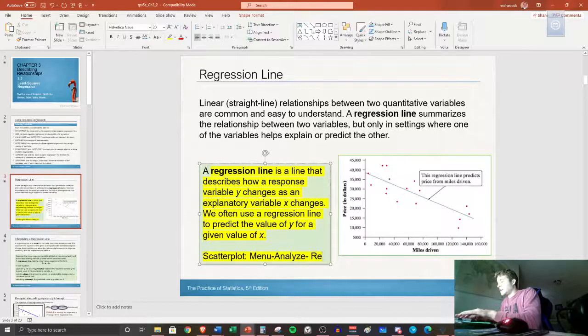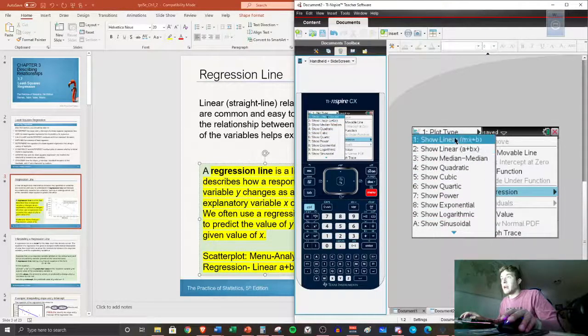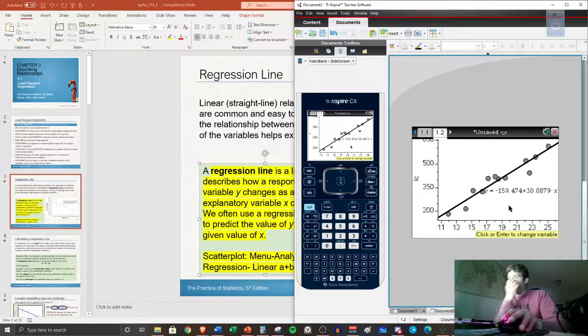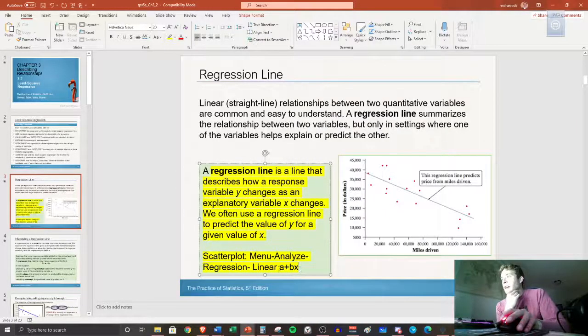Analyze, regression. And what we want is the linear a plus bx, that is what we are going to want to use. So it's right here. We click that and look at that, we get a line. So make sure that you've got that in your notes on how to make that. I would feel very confident that you've made one of these before. So this shouldn't be anything too new.